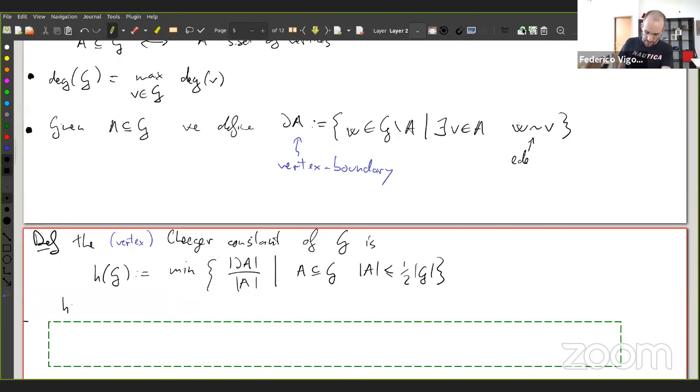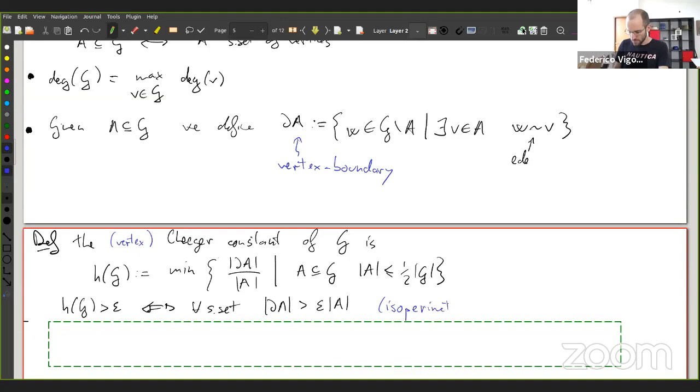Basically, h of G is greater than some constant epsilon if and only if for every subset A, the size of the boundary of A is greater than epsilon times the size of A. So it is an isoperimetric kind of inequality.